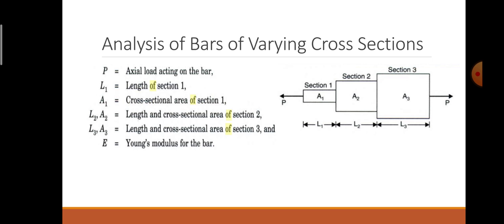We are supposed to find the total elongation of the overall bar, that is the sum over sections 1, 2 and 3, when it is subjected to a load of magnitude P.